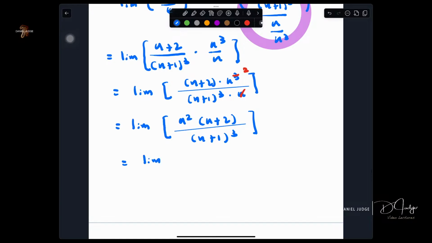So one thing we can do is simply multiply. We can distribute, and then expand the cube there. We'll get n cubed plus 2n squared over (n plus 1)(n plus 1)(n plus 1).